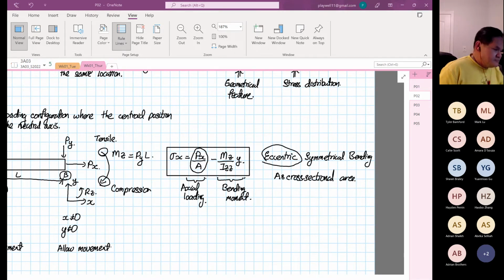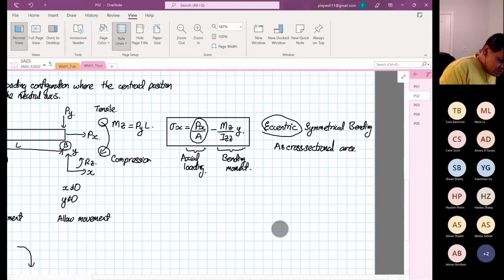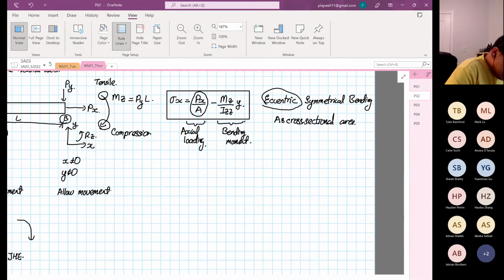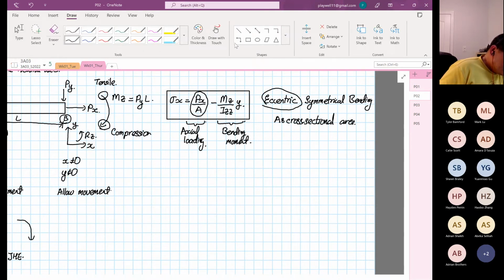Okay, so now we are going to sketch the distribution. I'm going to draw the cross section.